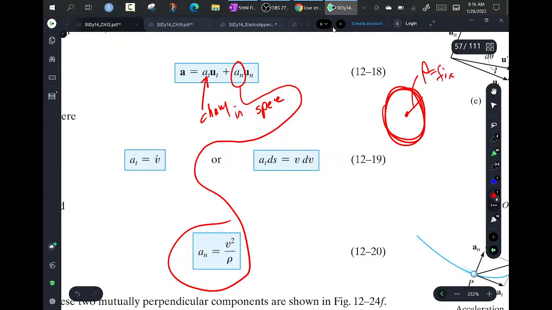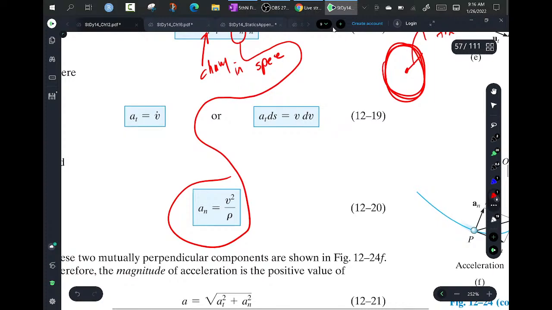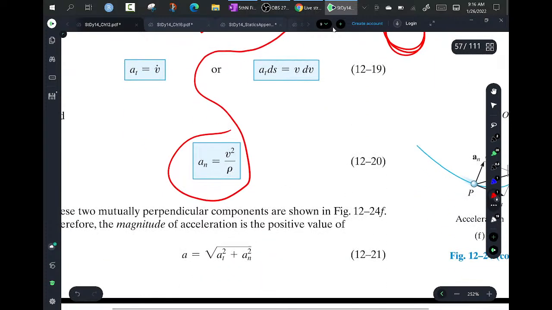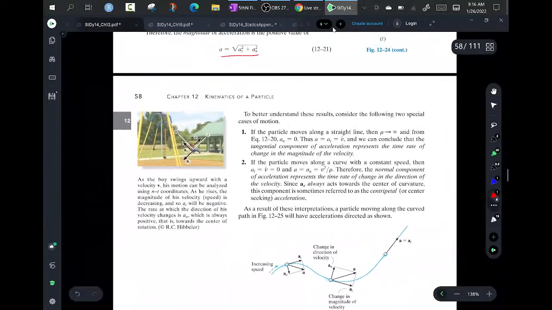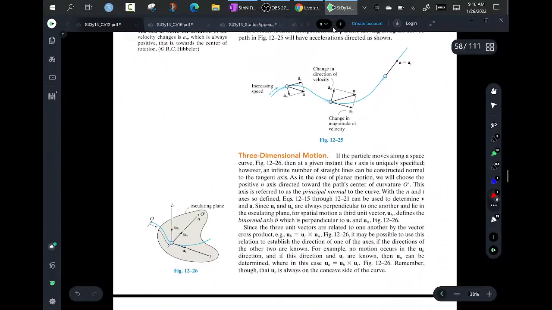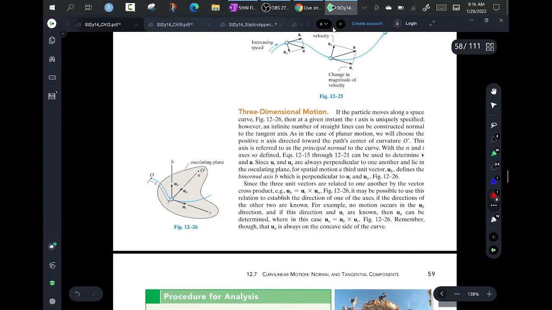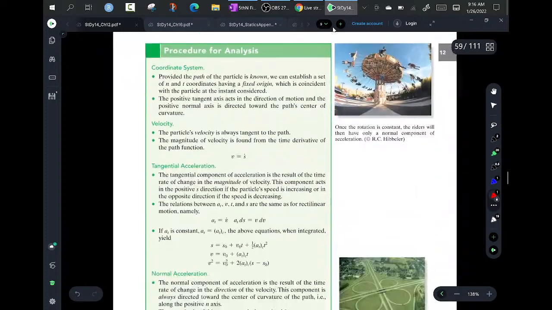So then the question is, what happens if it doesn't remain fixed? Well, I guess I should have said something about that. Then he gets down here. No, we're not particularly interested in 3-dimension, but there's a thing called an oscillating plane, which obviously that thing can move around. So it's a little bit annoying there.